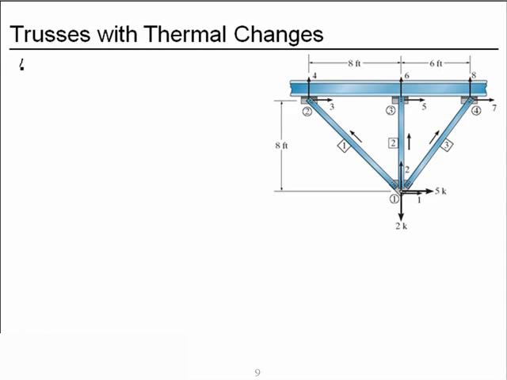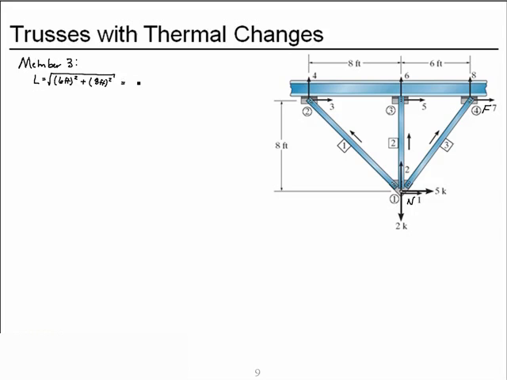And now member 3. We have the near node at 1, and the far node is node 4. Our length will be the square root of 6 feet squared, the change in x coordinate, and 8 feet squared, the change in y coordinate.